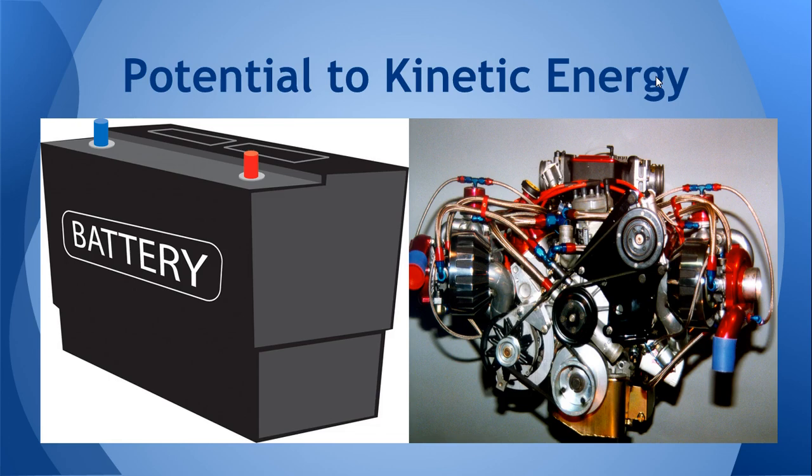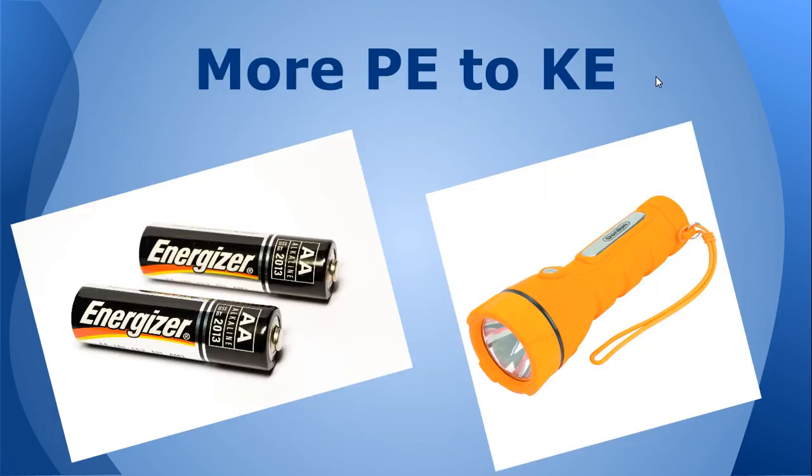So it's going to change into motion. It's going to turn into sound. You're going to hear some sound energy and also some thermal energy. Okay, another example would be these small AA batteries. They have potential energy, and that potential energy is converted to kinetic energy in the flashlight because you have light and also a little bit of thermal energy as well.